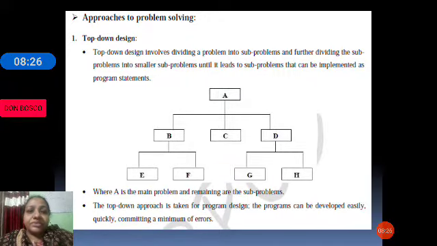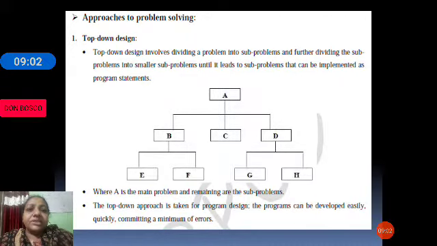In top-down design, when we try to solve a problem, say problem A, we don't solve problem A as one problem. Instead, we divide problem A into sub-problems. And again, we divide sub-problems into sub-sub-problems. Top-down analysis or top-down design means here we divide a problem into several sub-problems until we get a solution.